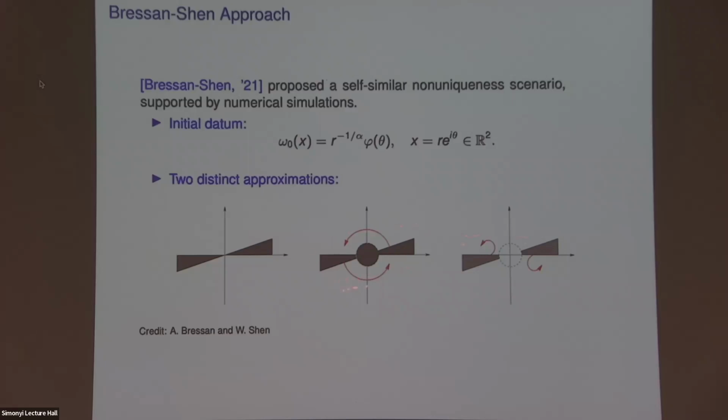And this for every possible regularization parameter epsilon positive. Okay, this is a super nice no-uniqueness scenario, and again here there's some sort of symmetry breaking. There's some form of instability in self-similar coordinates, but to date there's no rigorous proof of this phenomenon happening.